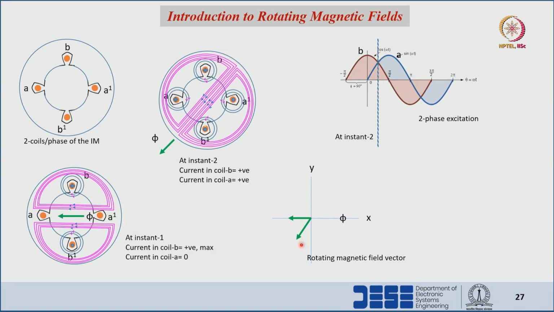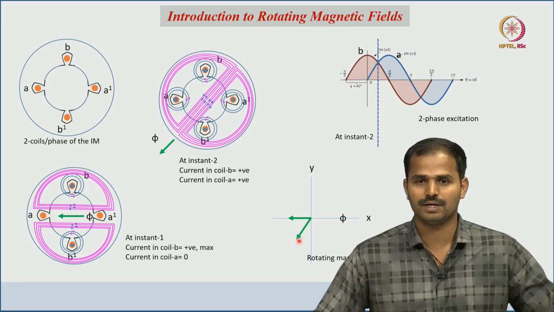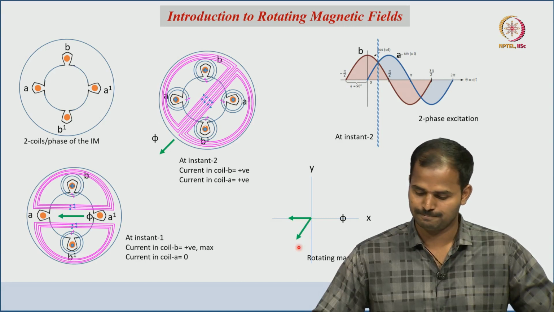At omega t equals 0, we have seen the resultant flux vector here, and at omega t equals 45 degrees the resultant vector is here, that we can observe here.